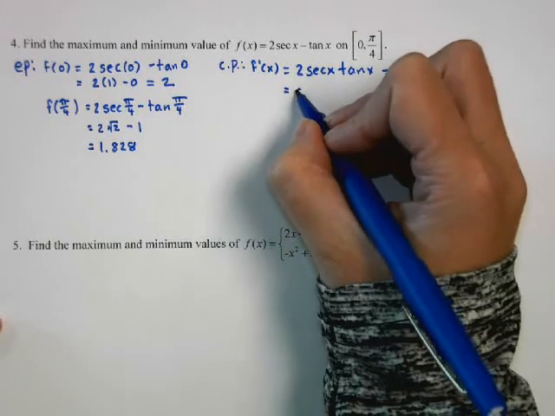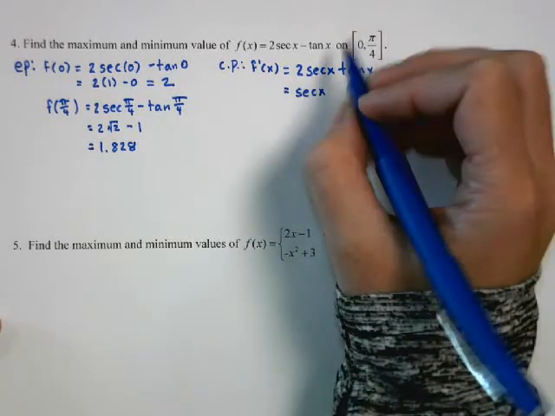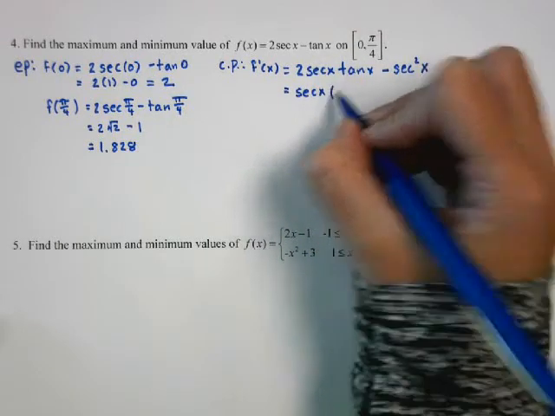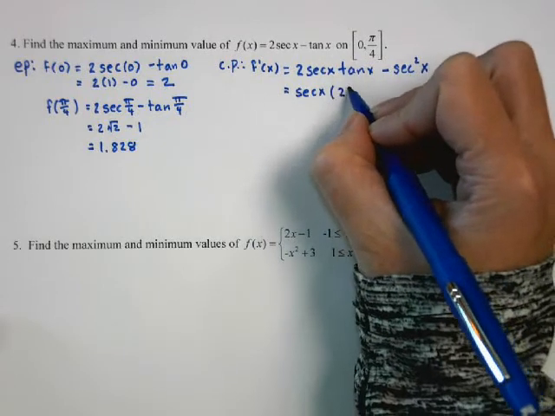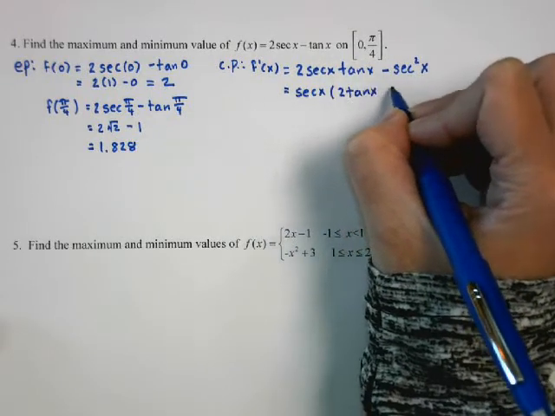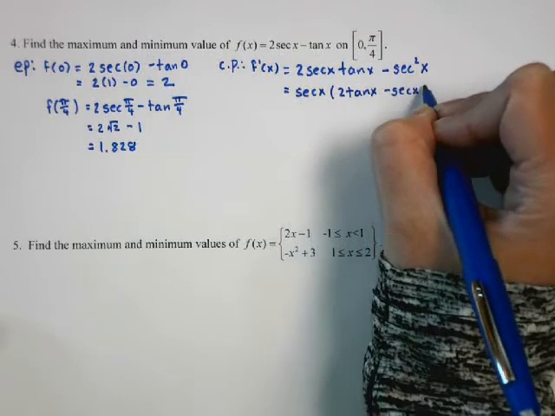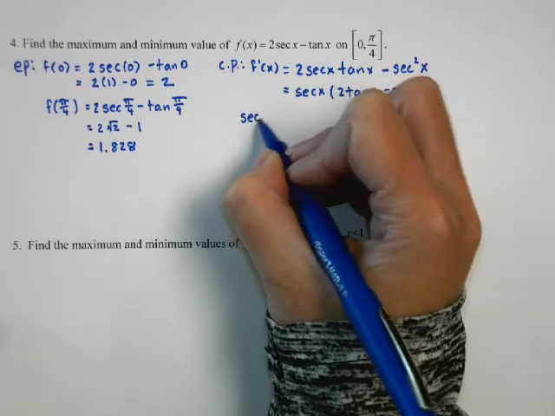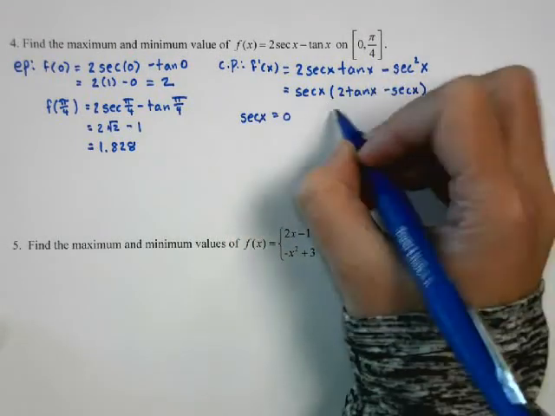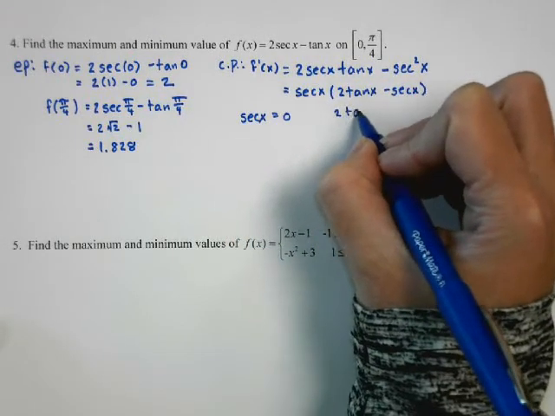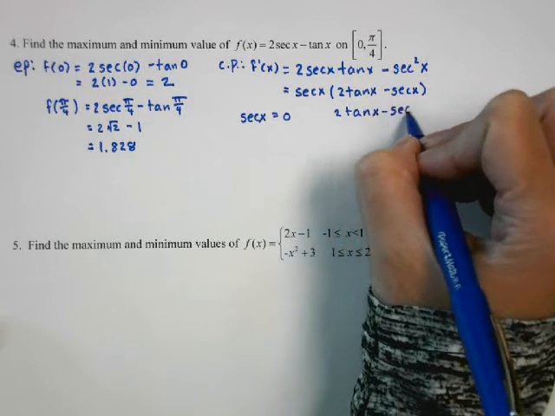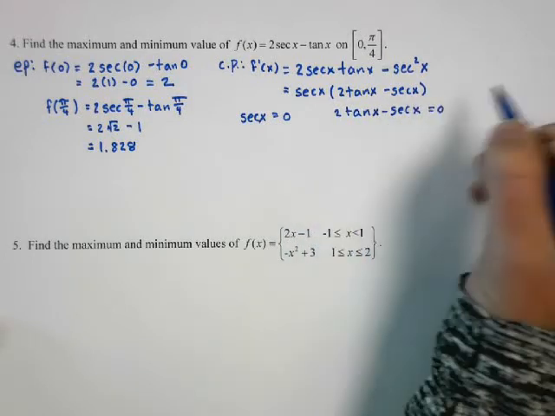So I can factor out a secant of x, which leaves me with 2 tangent of x minus secant of x. So either we want secant of x to equal 0, or 2 tangent x minus secant of x equals 0.